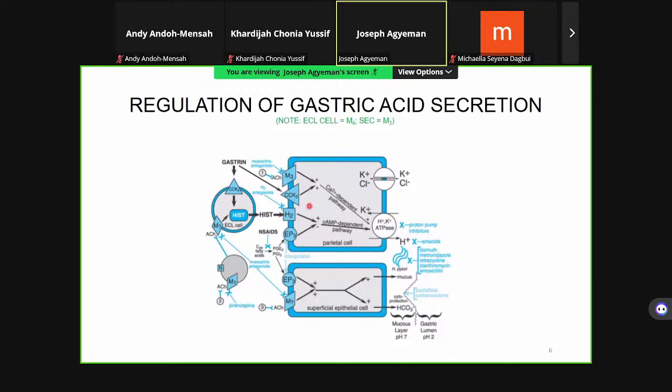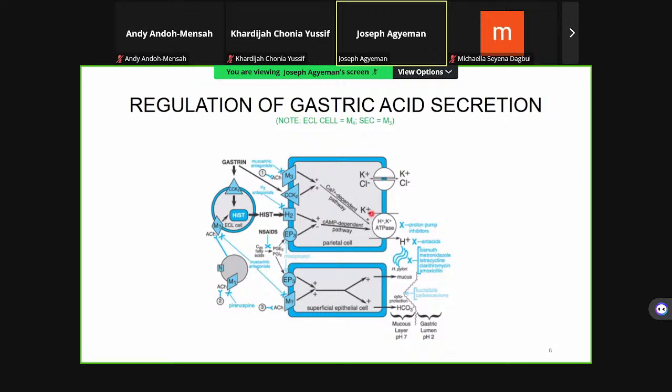So within the parietal cells, you have hydrogen in here. In the presence of calcium, what happens is that the proton pump is activated and hydrogen is pushed out, as you can see, from the cell. In exchange, potassium ions will come in to maintain electrical neutrality.